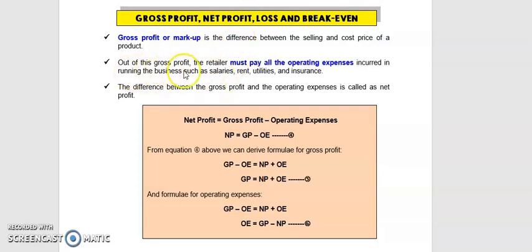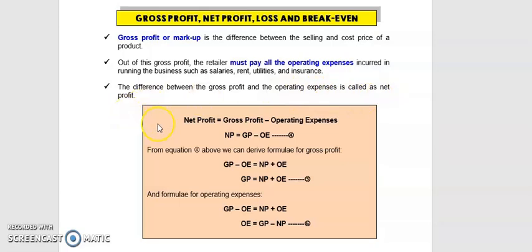Out of this gross profit, the retailer must pay all the operating expenses incurred in running the business, such as salaries, rent, utilities, and insurance. As I said before, you must consider operating expenses. The difference between the gross profit and the operating expenses is called the net profit.